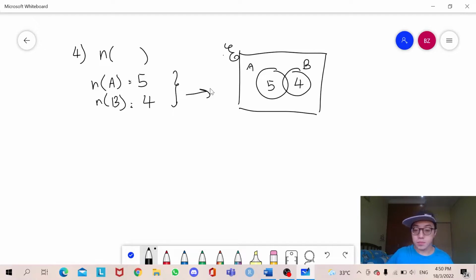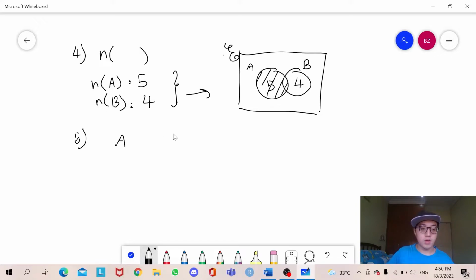After this, we will look at something called the complement. From the same diagram, A represents this part.